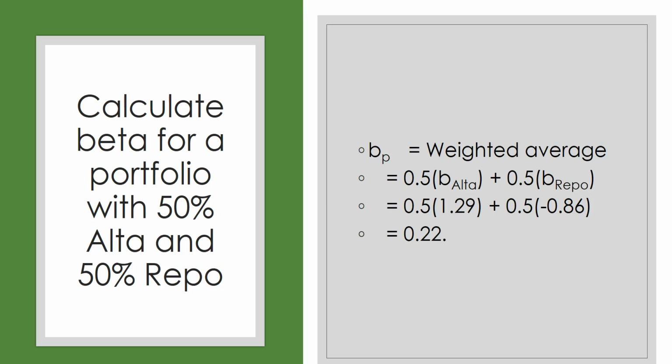If we had a portfolio that's comprised of 50% Alta and 50% Repo, we just take 50% of Alta's beta, which was 1.29, and 50% of Repo's, which was a negative 0.86, and together we get a portfolio beta of 0.22. That means this portfolio moves in the same direction as the market, but it's not very responsive at all. So it's not going to move nearly as dramatically as the market does.